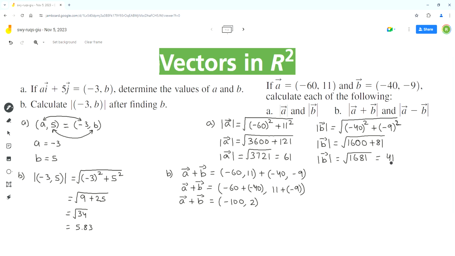Now we can find the magnitude of a plus b. So we can square the components and then add the squares and apply the square root.